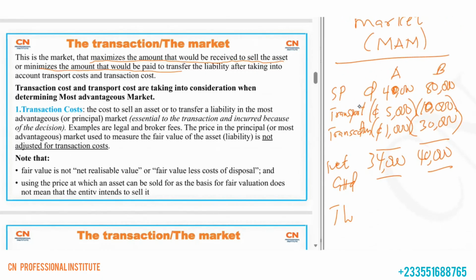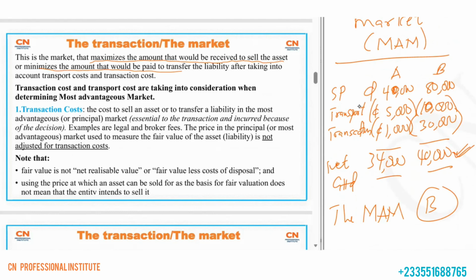Realize that the most advantageous market, abbreviated MAM, is Market B. Why is it Market B? Because it gives us the greater figure, 40,000. I hope you are following. So this is how we determine the most advantageous market.